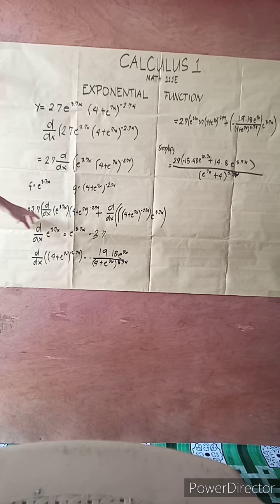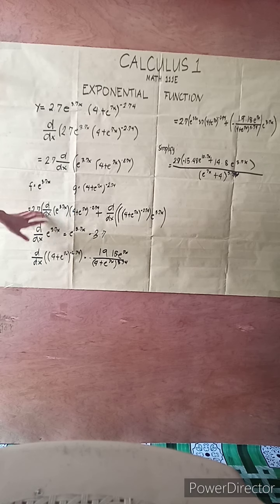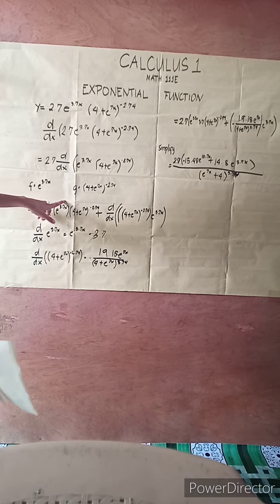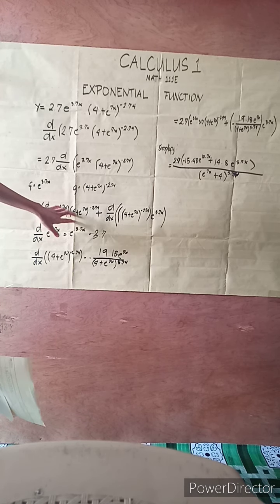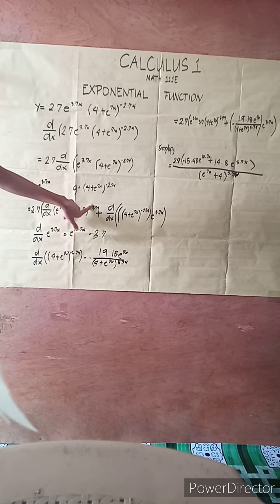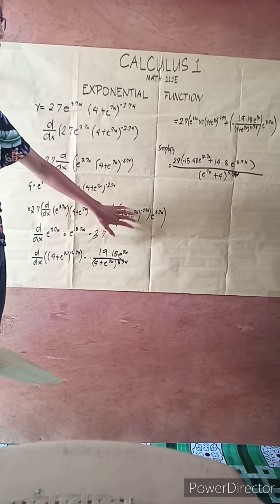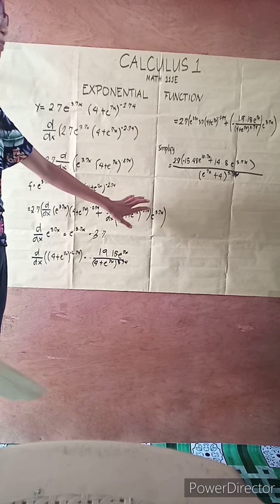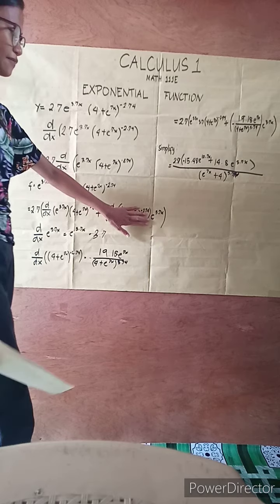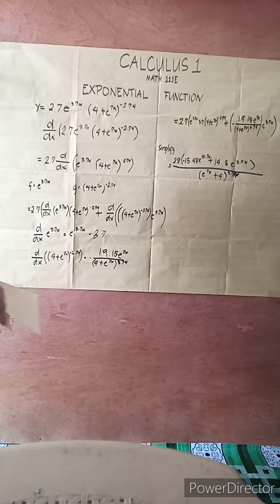So, we will have here, for our equation, 2.7 times the derivative of e raised to the power of 3.7x times (4 plus e raised to the power of 7x) raised to the power of negative 2.74, plus the derivative of (4 plus e raised to the power of 7x) raised to the power of negative 2.74 times e raised to the power of 3.7x.